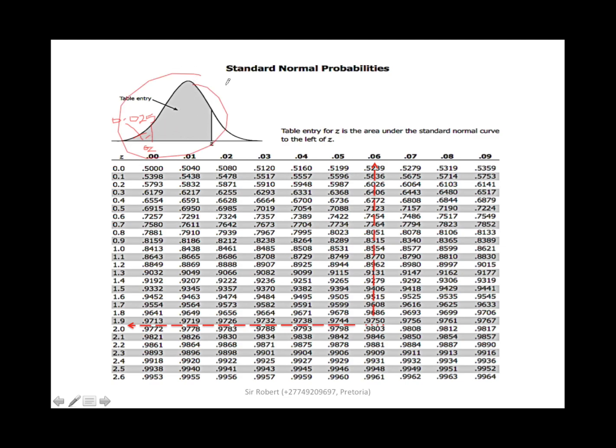Since the graph is like this, if we get the Z value for this whole area, and we leave 0.025, the shaded area will be 0.9750. So from the tables you can see that 0.975 is here. So you just determine the Z score. It's 1.96.